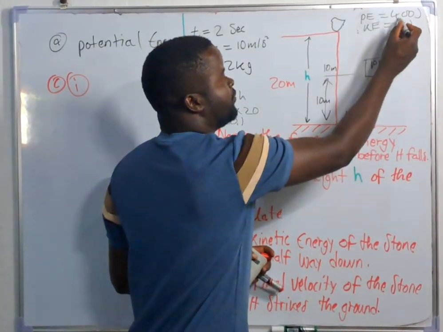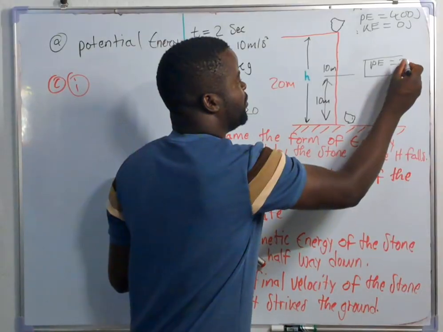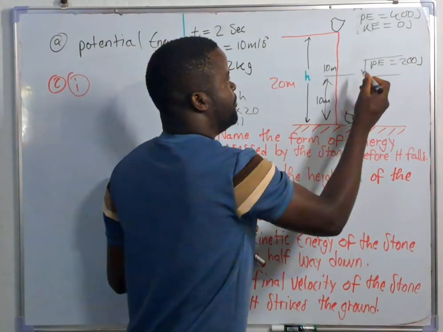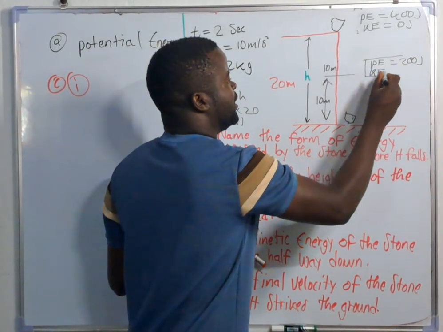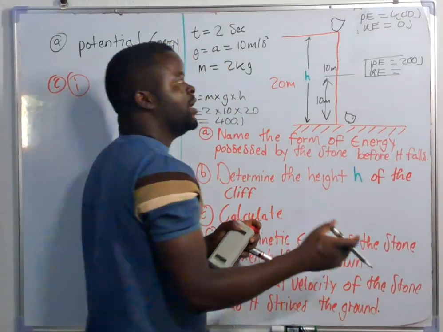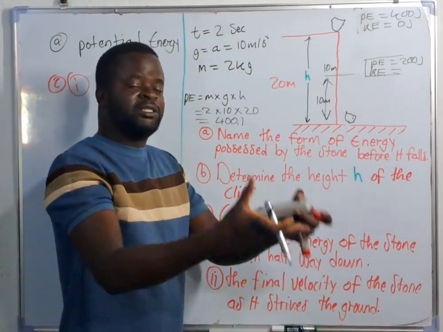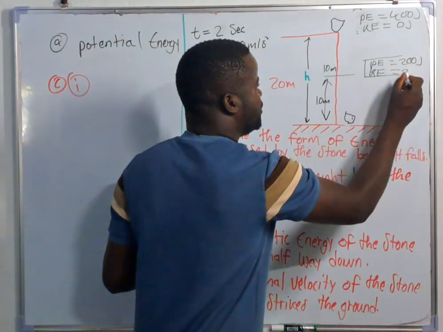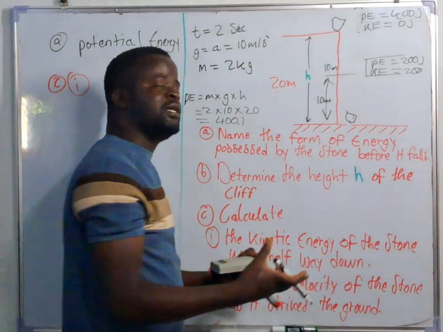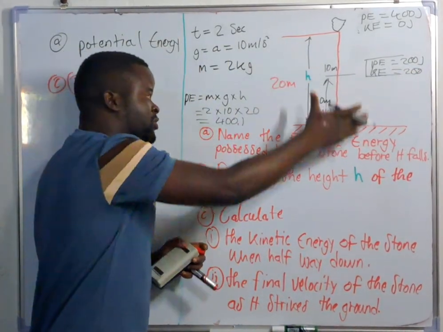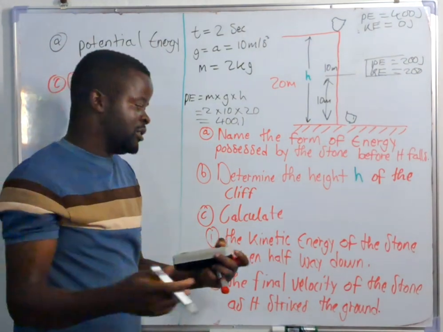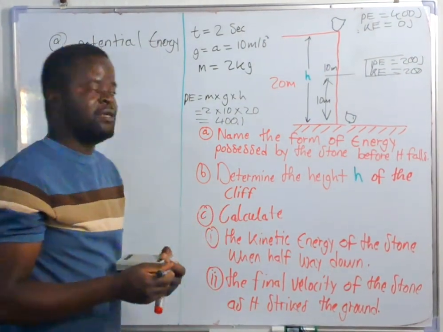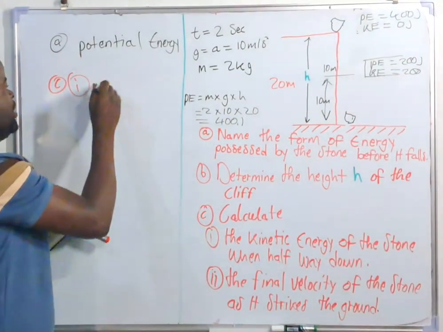So if on top we have 400, here we have 200 joules. Energy can neither be created nor destroyed. Therefore, the kinetic energy is going to be 200 joules.